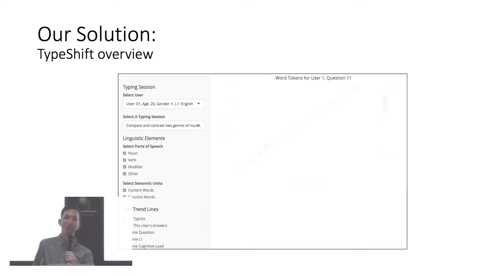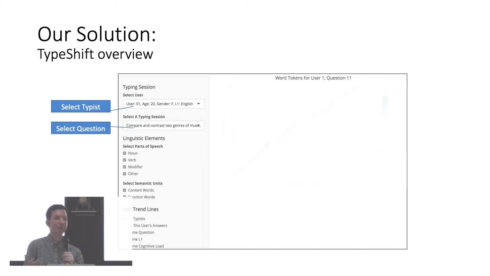So our solution was to create what we call TypeShift. TypeShift is an interactive tool that allows you to select and handpick exactly which elements of the typing process you want to compare. You do that by first selecting the speaker, so you go by demographics like age and gender. You then select which question you want to see their response to.